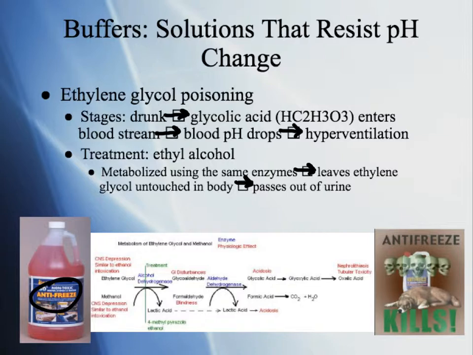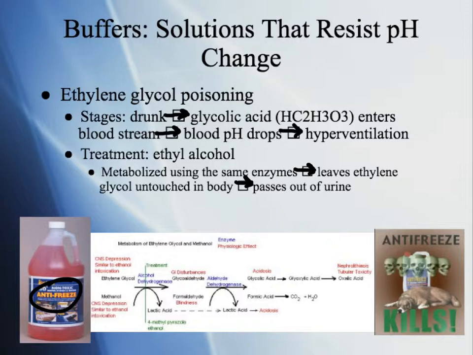However, a lot of times dogs and cats and whatnot can lick this up if we've got a leak in our engine and this stuff is leaking out. If they drink a lot of it, they can actually get poisoned, because this gets into their system, and it's basically like an alcohol.